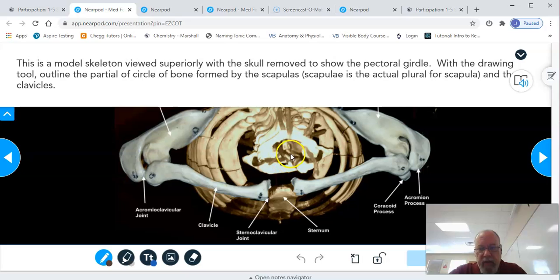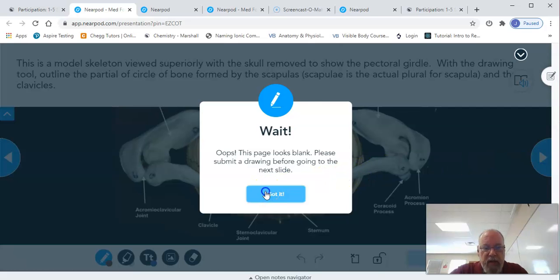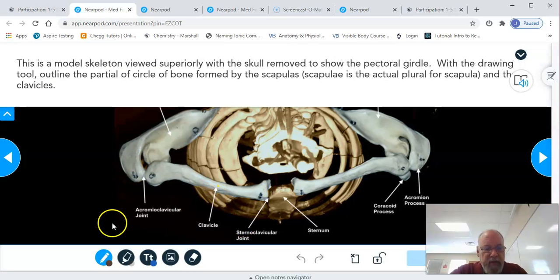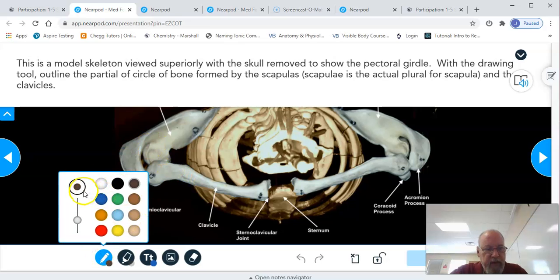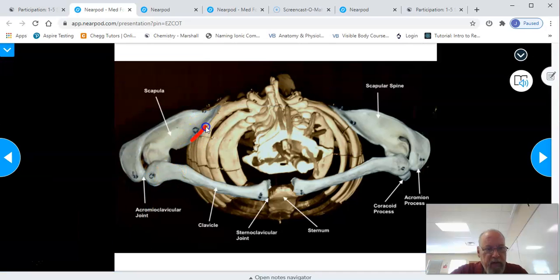And I'm going to go ahead and go on to the next slide. Oh, it looks like it wants me to do something. Actually, I'll just go ahead and do my own here. I'm going to use red and outlining one scapula.